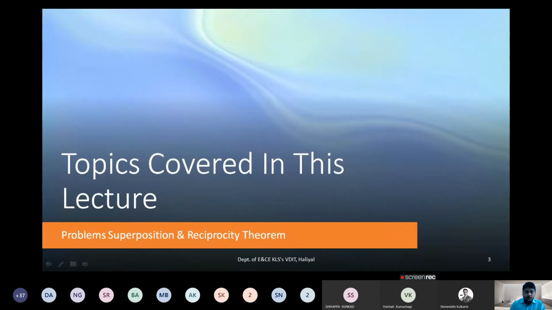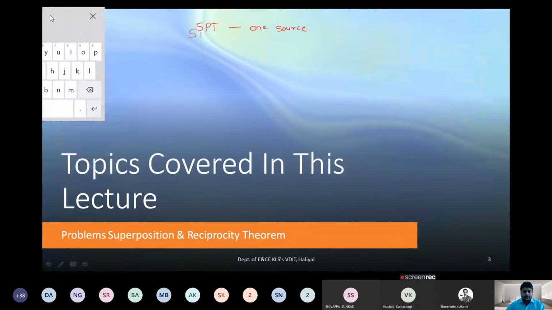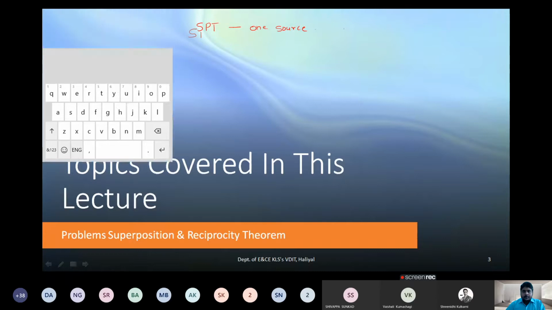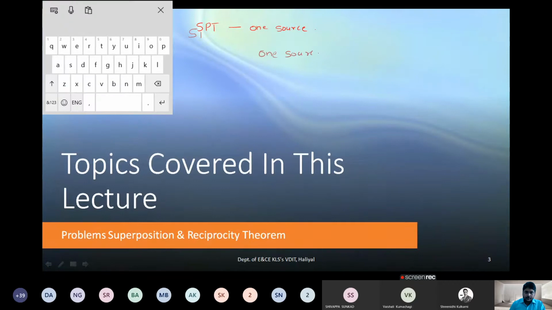So if you are using superposition theorem, we consider only one source acting alone. If you have n number of voltage sources and you want to make only one voltage source active, then the other voltage sources should be made zero.